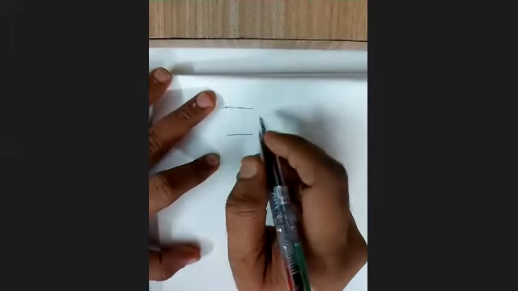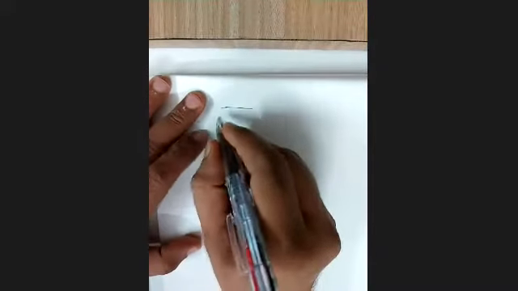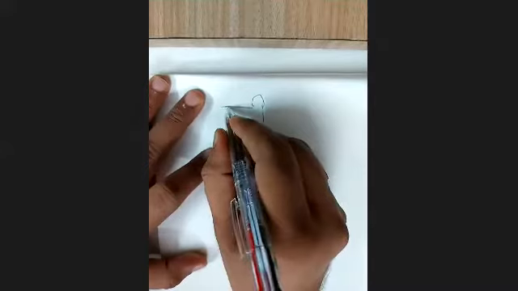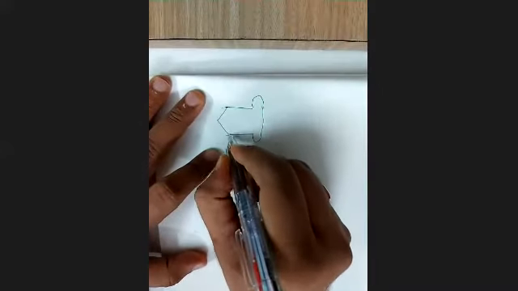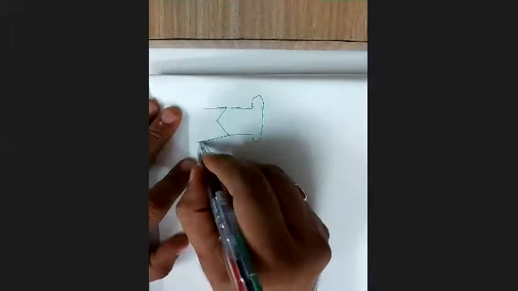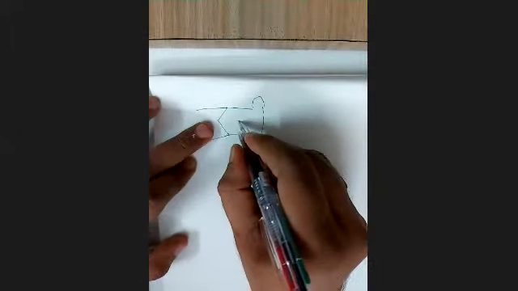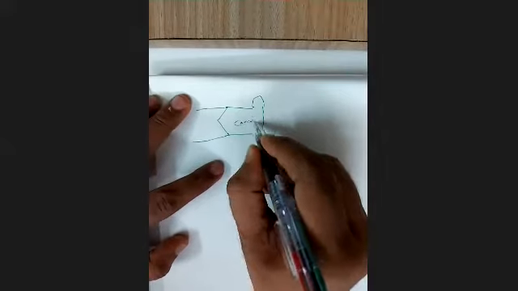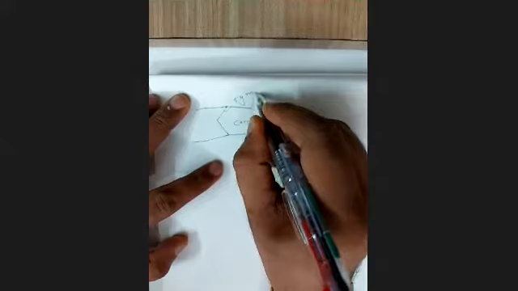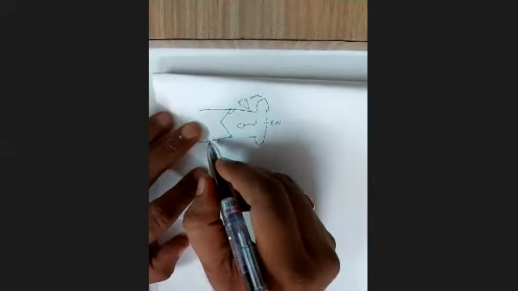After that, this is the external pinna. This is the external acoustic canal. So this is the canal, this is the external ear, this is the tympanic membrane. Now we reach the middle ear.